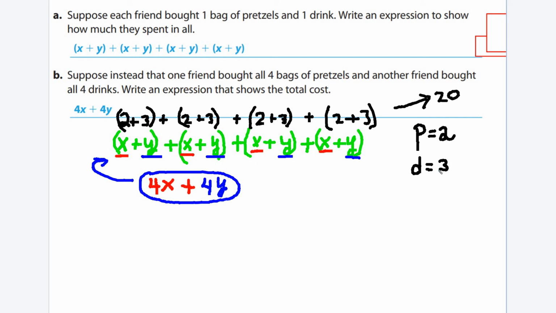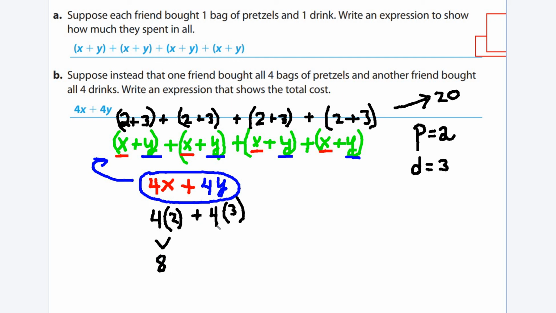I just made up those numbers. I'm just checking to make sure this works. So now let's go down here. 4 times, remember each bag of pretzels is $2, plus 4 times, and each drink is $3. Now let's do the math. 4 times 2 is 8.